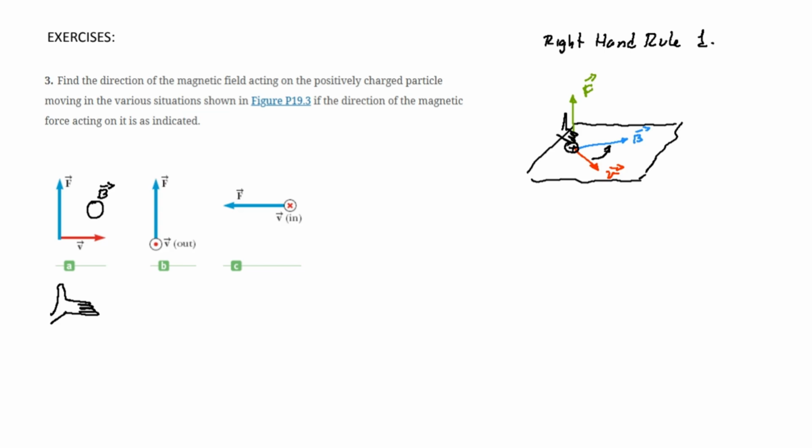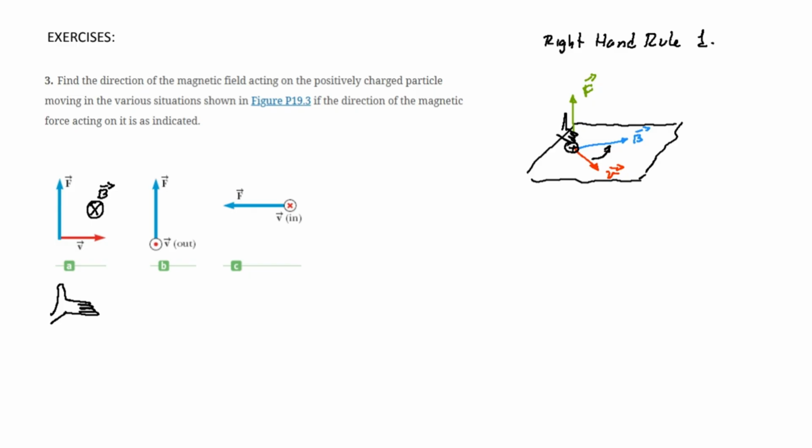Now, in the next case, we have now the velocity that is pointing out. So now you must put your 4 fingers just pointing toward you, and the thumb pointing up. Just do that. You know, put your 4 fingers in front of you and your thumb pointing up.